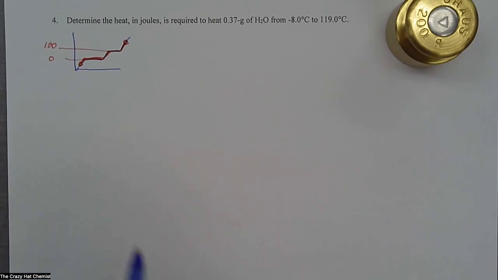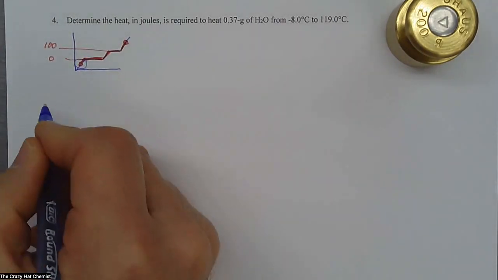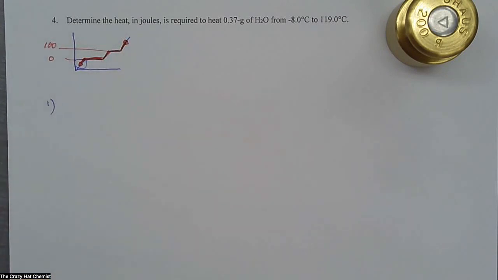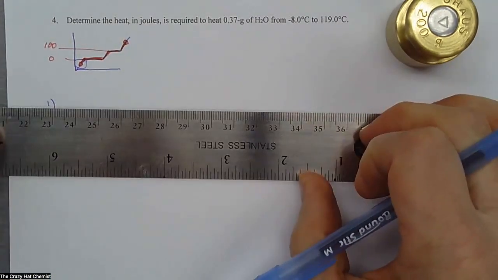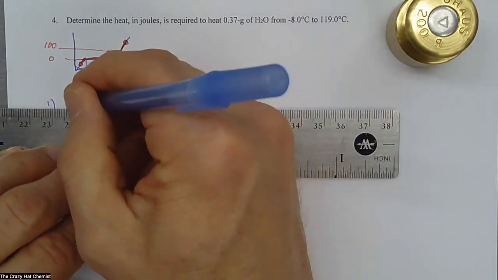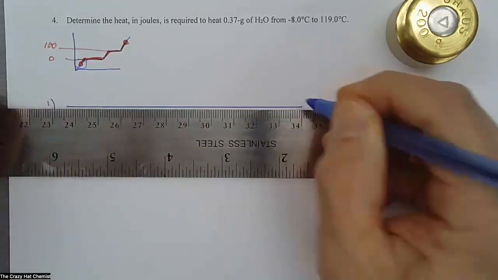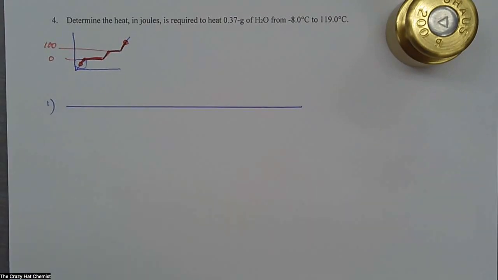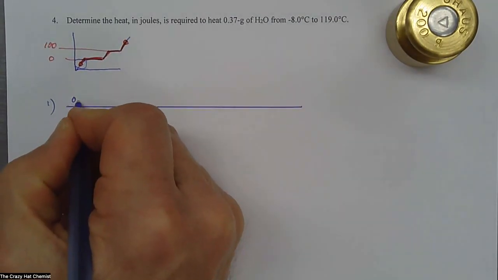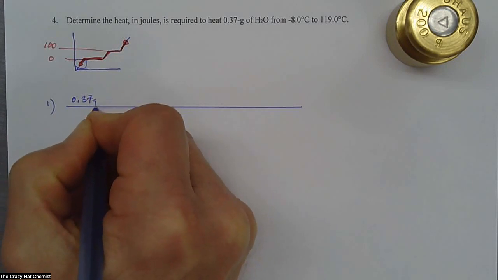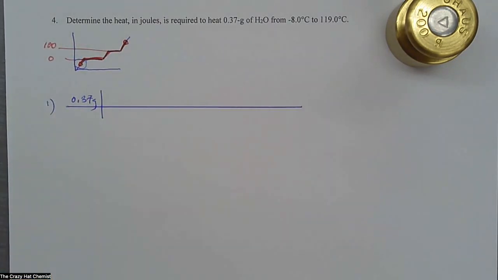So here we go. Step number 1 is going to be right here. So number 1. We'll just draw a little line here. All right, so we have 0.37 grams of water, and for step number 1 we're going to be using the molar heat of ice.